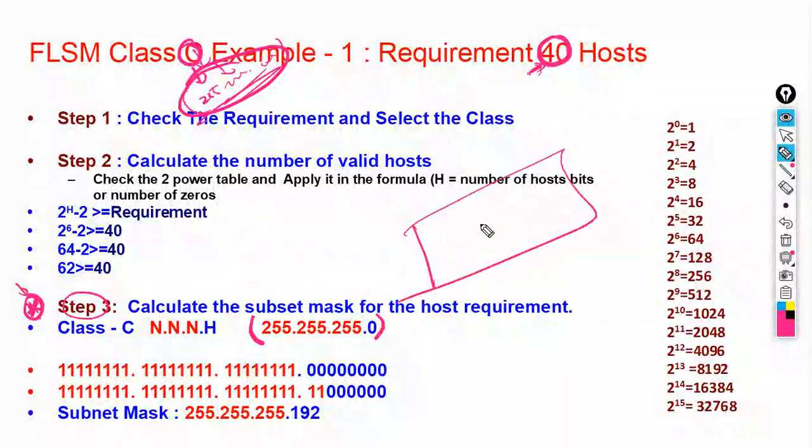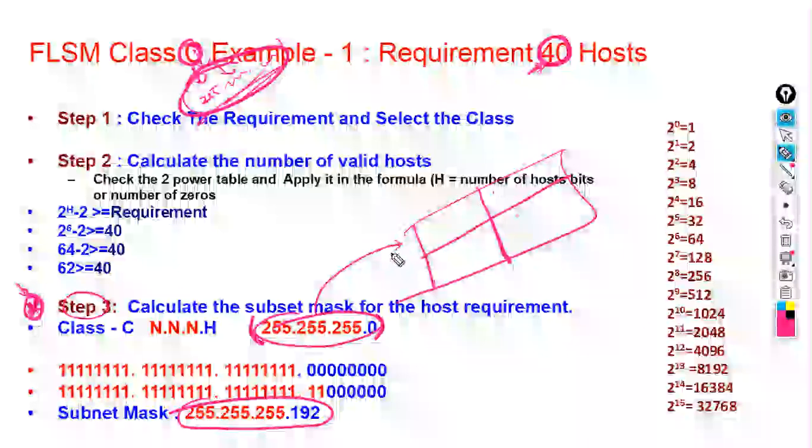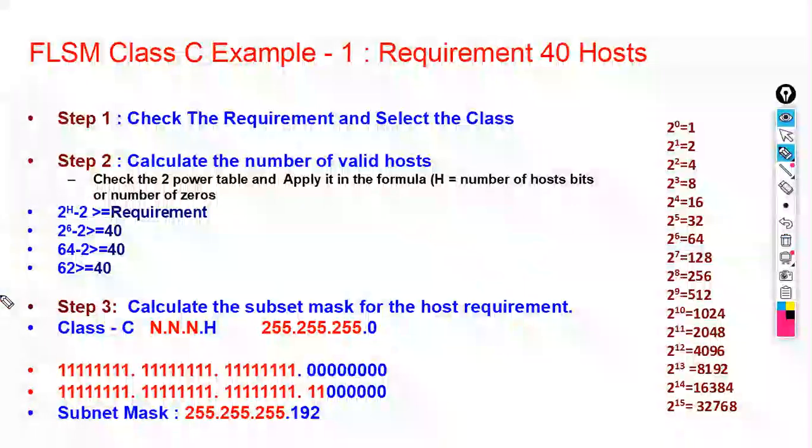There is no use of subnetting. All the four departments will communicate with each other. What is our requirement here? We need to divide one single network into multiple smaller networks, and all four networks should not communicate with each other. How will they not communicate with each other? After having a separate subnet mask. If you are using the default subnet mask, it means we have not done the subnetting. Remember this point. The third step is very important. We need a separate subnet mask for the 40 requirement, not the default subnet mask.